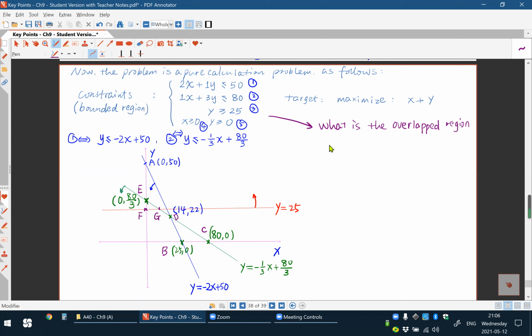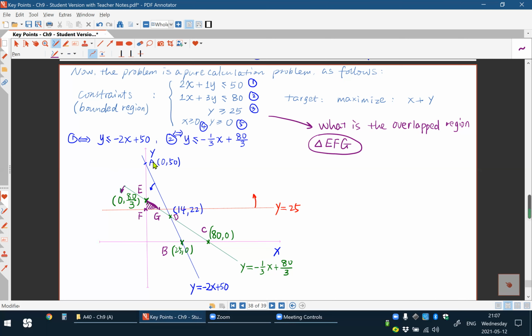Okay, let me tell you, the overlapped region is here. Can you see that? Is a small triangle EFG. This is the overlapped area. Why? Because the region must be below this green line, right? That means we have a boundary here, right?